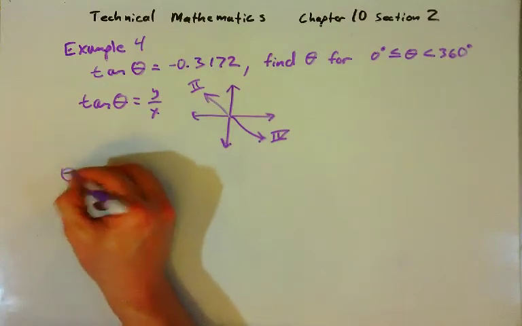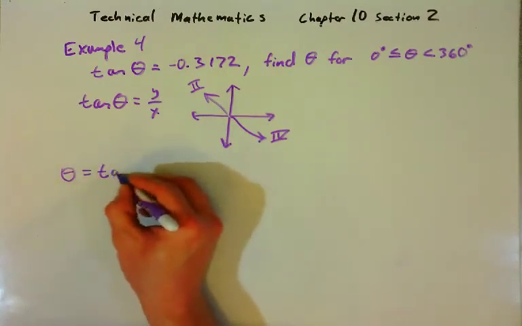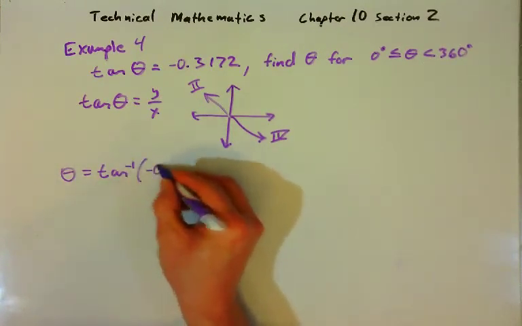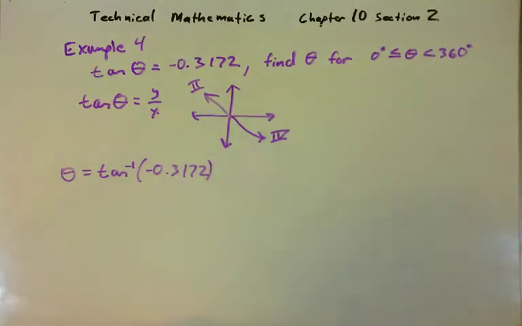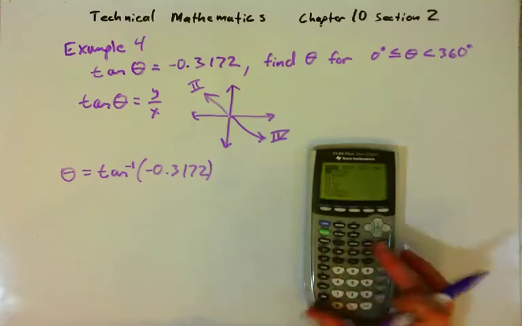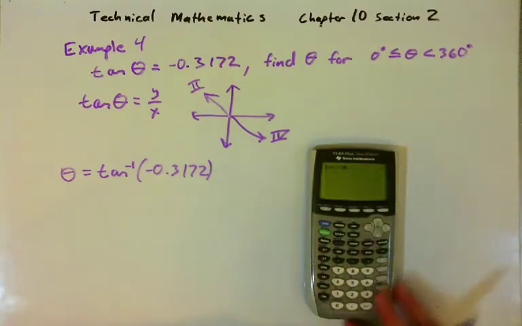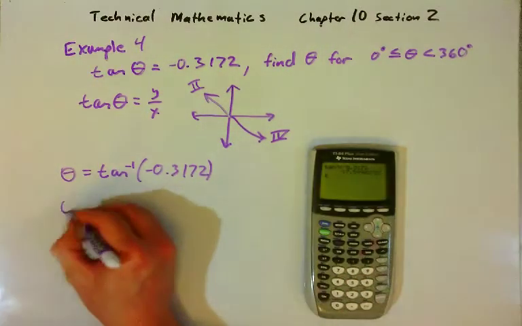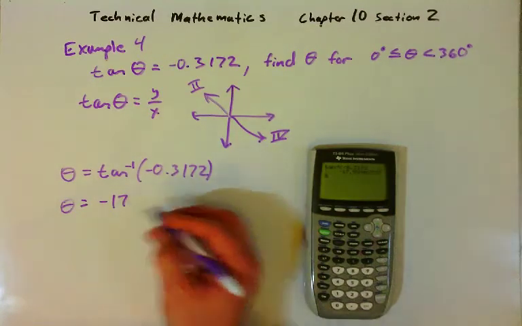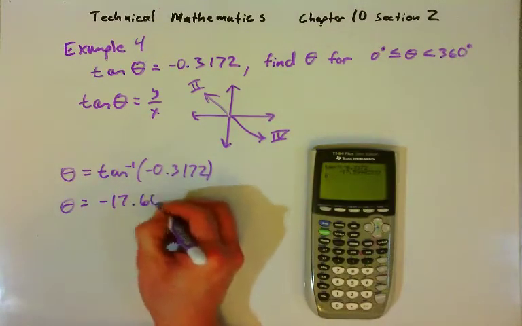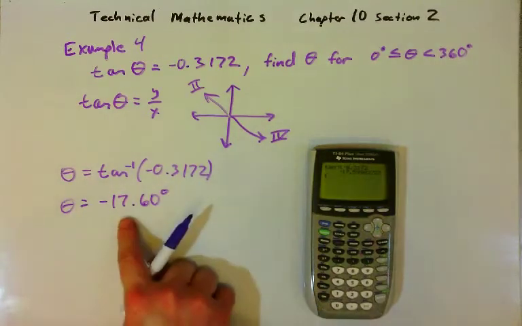So we know that we can find theta by taking the inverse tangent of negative 0.3172. We can use our calculator to do that. So we'll find the inverse tangent of negative 0.3172, and we get theta is equal to negative 17.60 degrees.